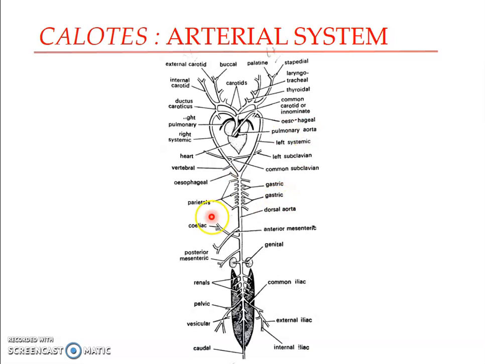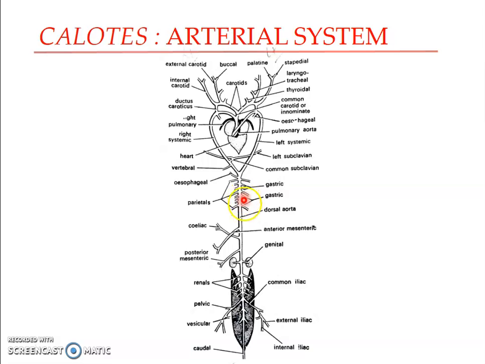And then we have the parietals and the gastrics. Several pairs of parietal arteries emerge out, supplying blood to dorsal muscles and vertebral column, while gastric arteries, again, about 4 to 8 pairs may arise, and as the name indicates, supply the stomach region.